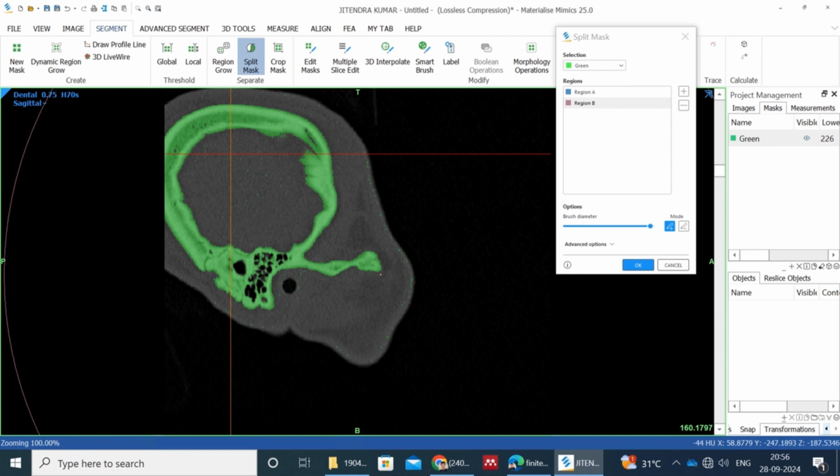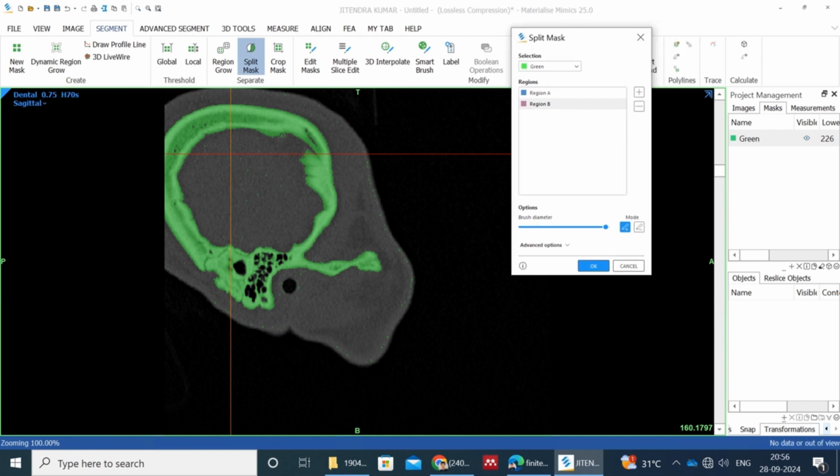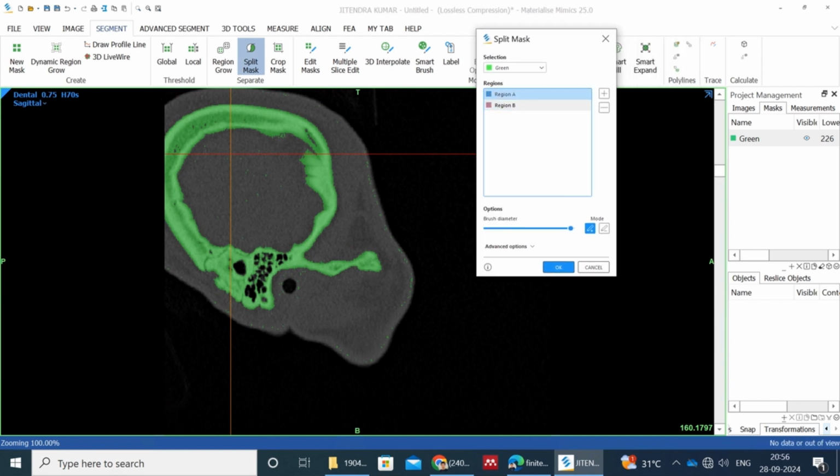So we are done. Now we have selected both the regions. The region A was mandible and region B is skull.